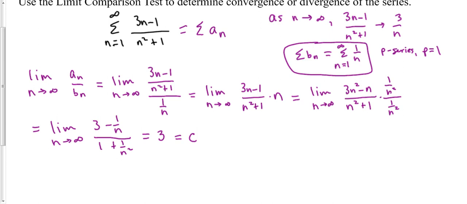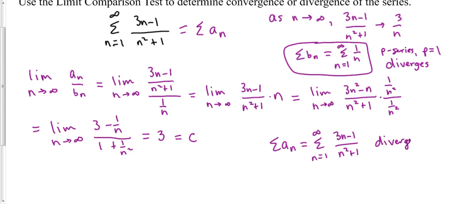And as we learned in Exploration 1, when p is equal to 1, this series diverges. So if the series of b_n diverges, that means that my series for a_n, my original series, equal to the summation from n equals 1 to infinity of (3n minus 1) over (n squared plus 1), is going to diverge as well.